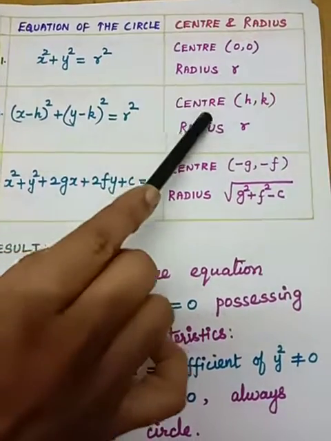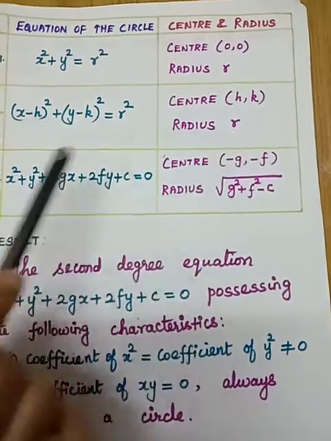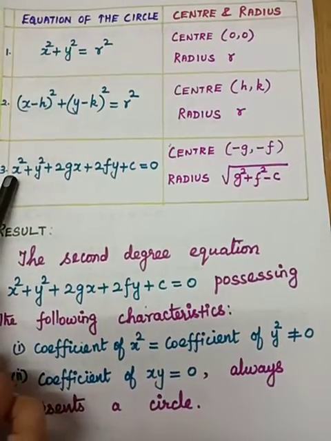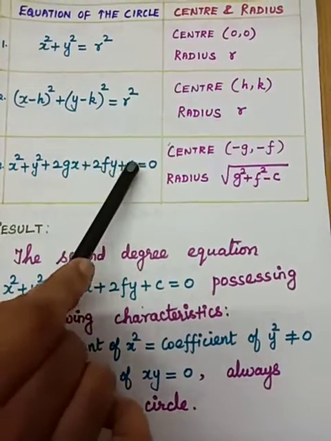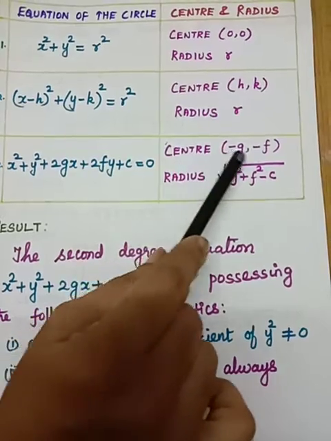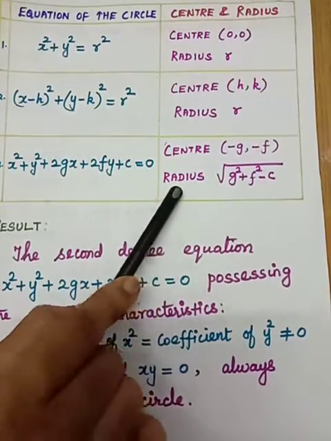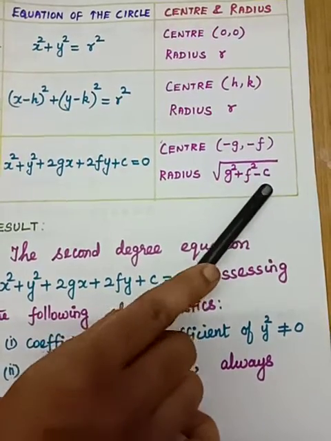Your center is h, k and radius is r. See the next equation: x squared plus y squared plus 2gx plus 2fy plus c is equal to 0. The center of the circle is minus g, minus f and the radius is square root of g squared plus f squared minus c.